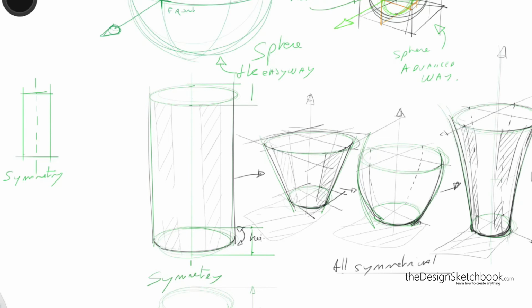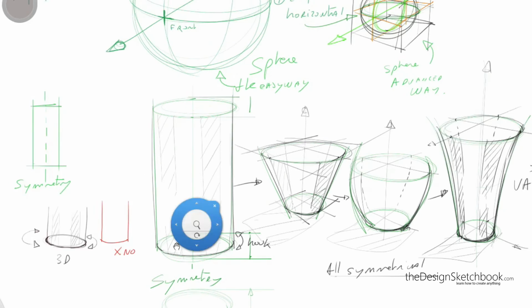And here, make sure that you have a hook on the side of the cylinder. Don't do something that is pointy like that, which is a very common beginner mistake. So you do the ellipse, and then on the side, make it really like a rounded hook. Okay? So your volume won't look flat.